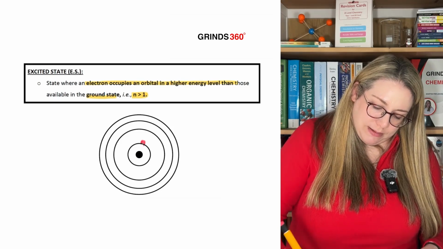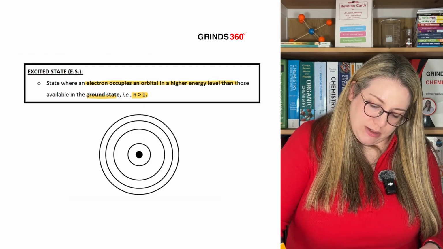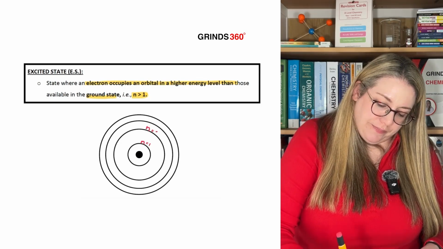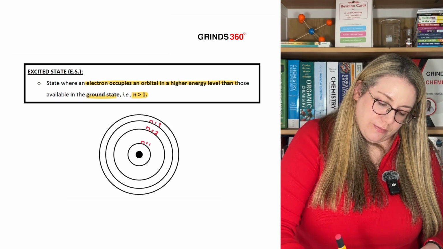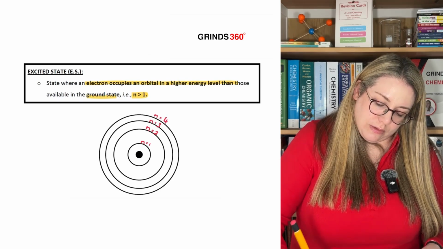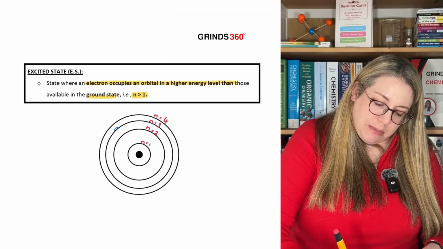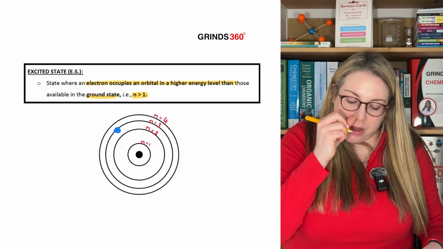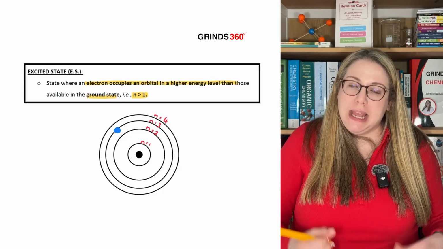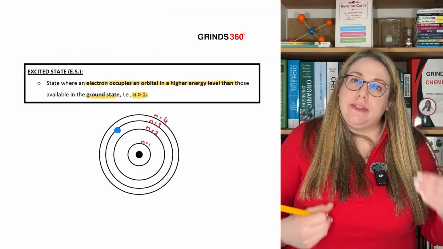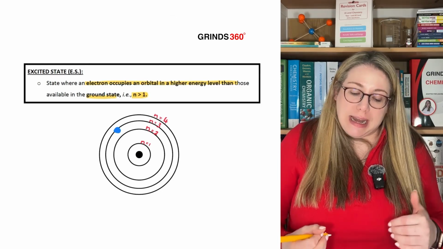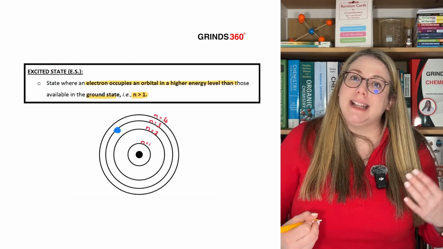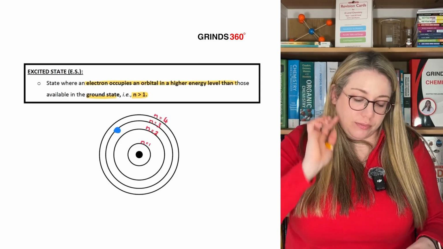So if I drew this diagram, and I filled in my electron here, your electron in this hydrogen atom occupies n is equal to 3. That is bigger than the energy level available in the ground state. Therefore, that atom of hydrogen is in the excited state, or the electron occupies an excited state energy level.